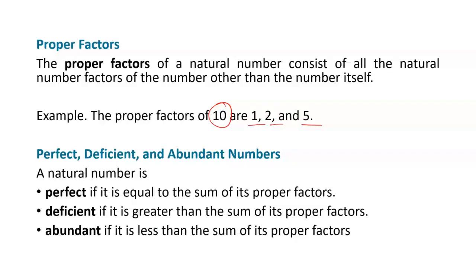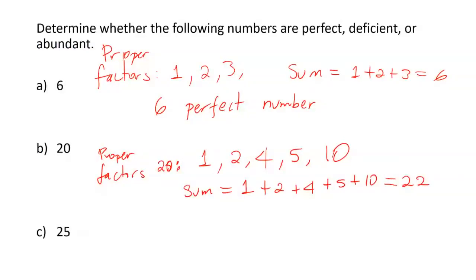This number is abundant because the number that I started with is less than the sum. 20 is less than the sum because the sum was 22. So this is abundant.